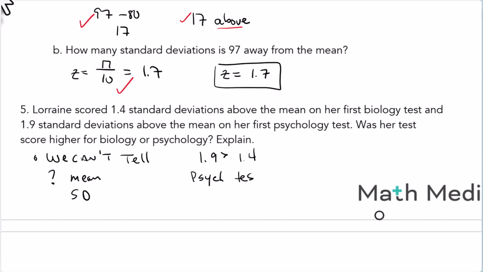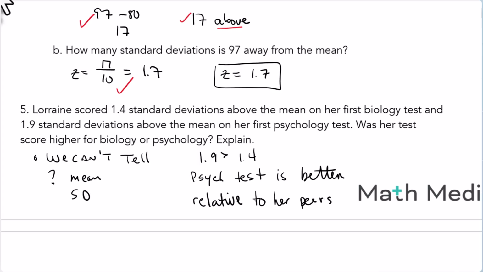So her psych test is a little bit better relative to her peers. That's an important thing, because when we talk about this, we're only talking about everything else in the data set, and the data set in this case would be her classmates. So her psych test is better relative to her peers, but we can't tell what her actual value was. What score did she get on that test?